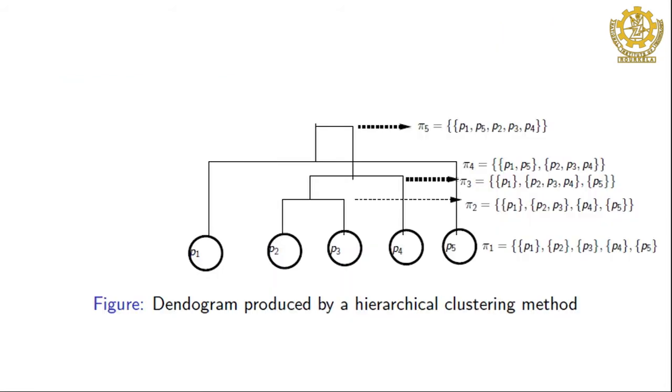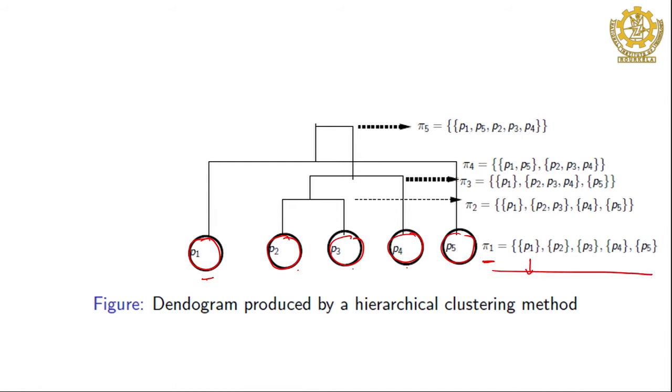So, here is one example. Say we initially have 5 points: P1, P2, P3, P4, P5. Each individual point you consider as one cluster, this is another cluster, this is another cluster, this is another cluster, and this is another cluster. Okay. So, this is a clustering where each cluster contains a single point.